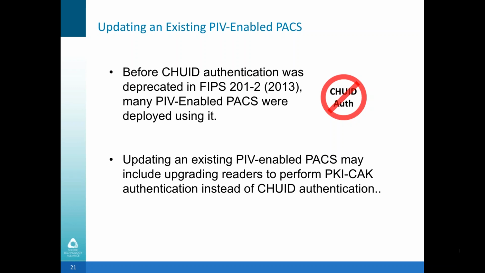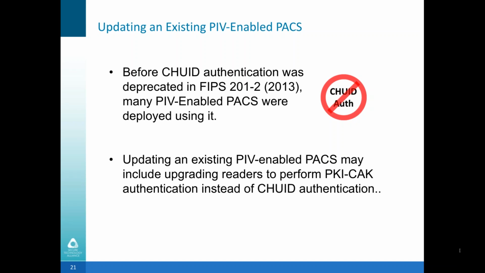At that time, these PACS were considered to be PIV compliant, and the agencies could report to OMB that they were meeting HSPD-12 implementation mandates. Using the CHUID as an identifier provided the same user experience as using a legacy RFID access card, so it was attractive for the user and the organization.